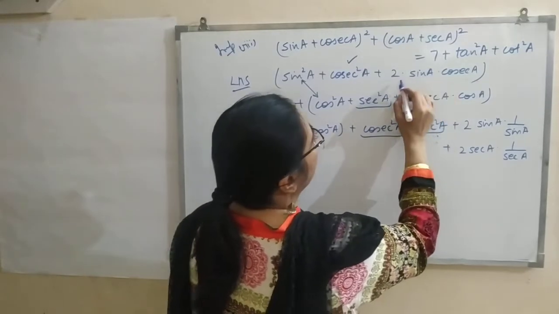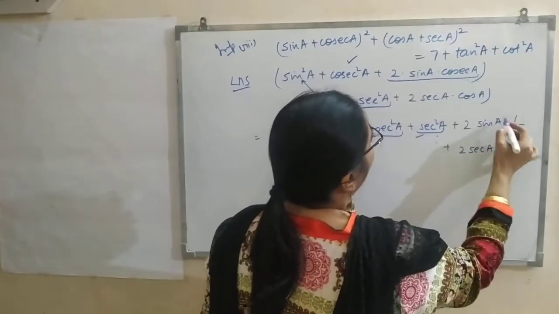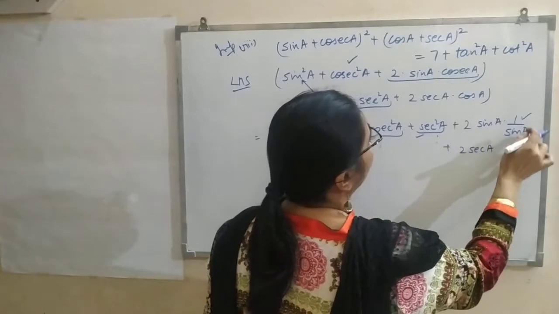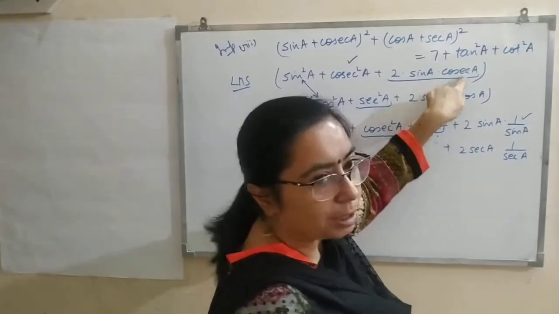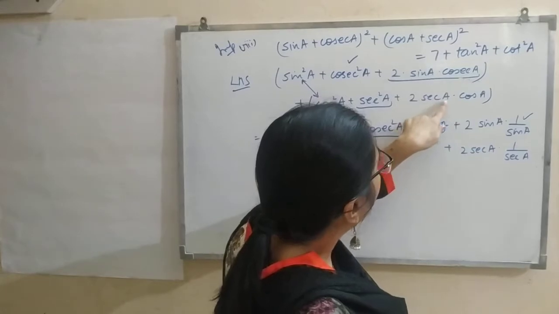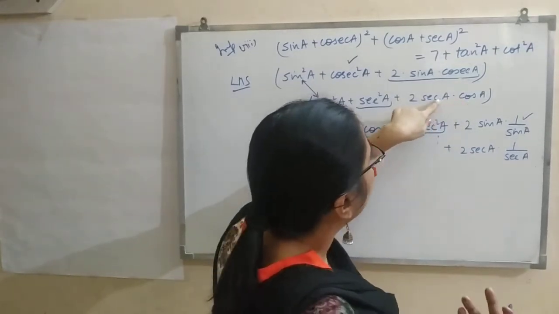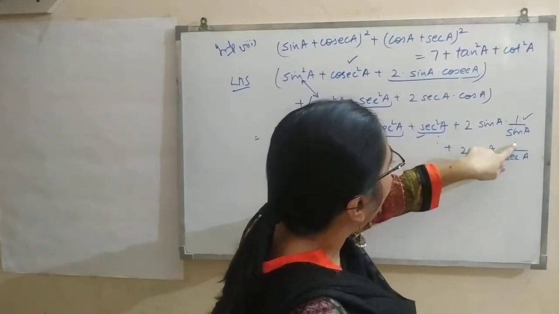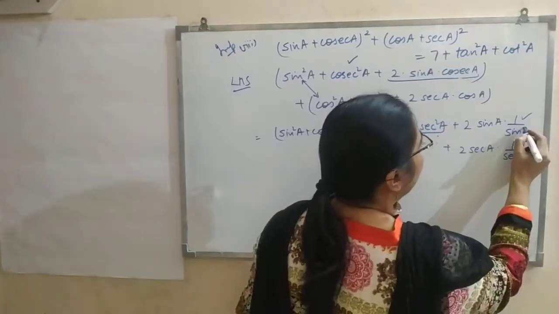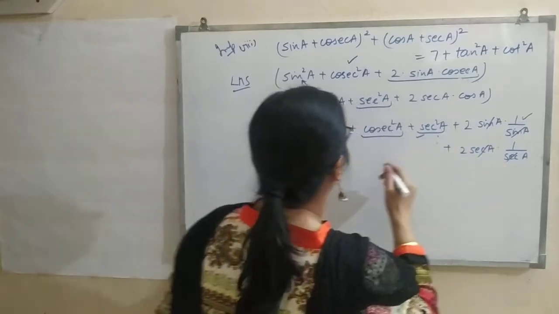Now these two mixed terms: you can see 2 sin a cosecant a, I can write 2 sin a into 1 by sin a, because cosecant a is the reciprocal of sin a. And here also you can take either one as the reciprocal, secant or cos. So I am taking secant a as it is and cos a as 1 by secant a. So these get cancelled and I am left with 1.